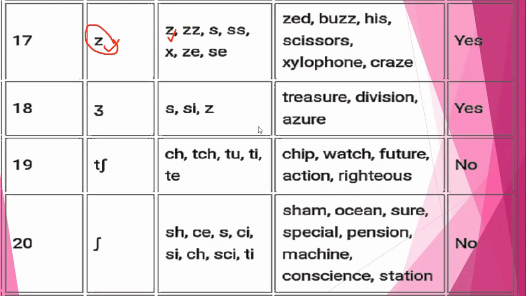Yes, we have been talking about this jar, the 17 number International Phonetic Alphabet sound, jar IPA symbol. The graphemes used in the words to be pronounced as jar are Z, single Z, it is pronounced jar in the words; double Z, even pronounced jar; SU pronounced jar, double S pronounced jar, X pronounced jar, ZE pronounced jar, and SG also pronounced jar.